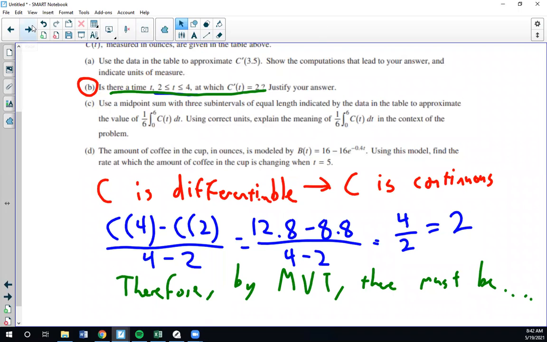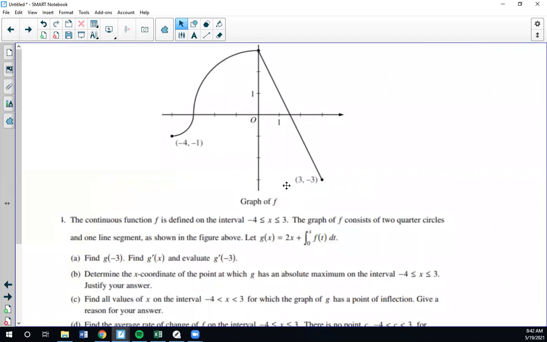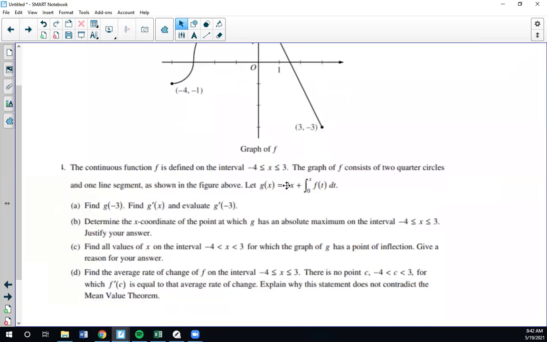So, new type of mean value theorem question. Here's the graph of f. Now, the part that's mean value theorem here is part D. We're going to find the average rate of change of f from -4 to 3.